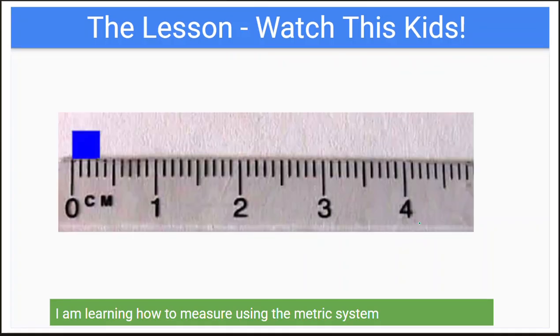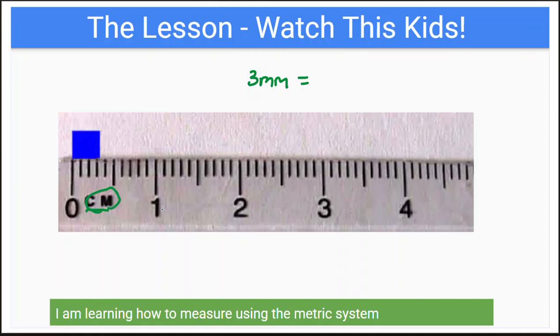Let's try it again. All right, how big is that blue bar right there? We know we're using the metric system because it says centimeters right here. How big is that? This is 1, 2, 3, yeah, this is 3 millimeters. And you could also write it as centimeters if you wanted to.